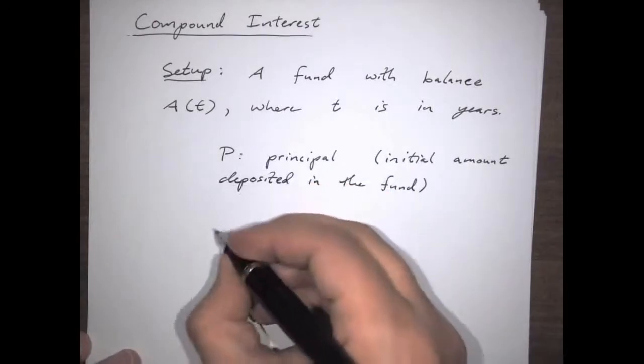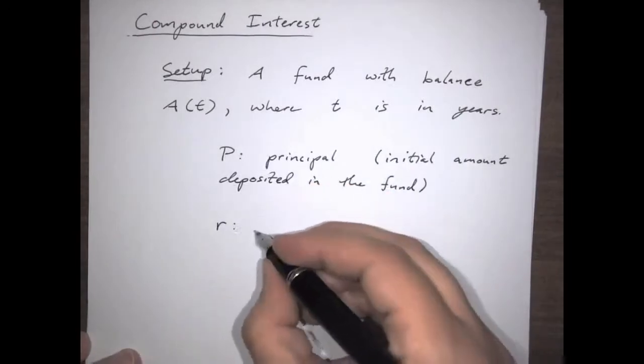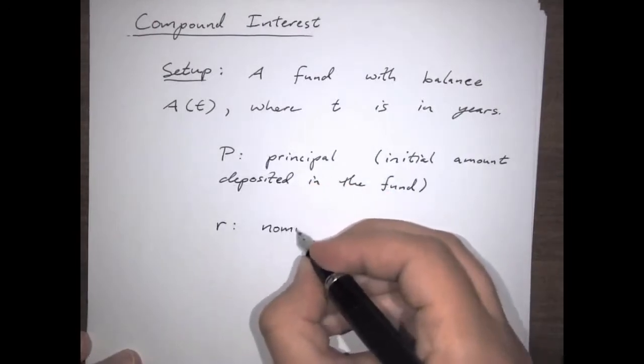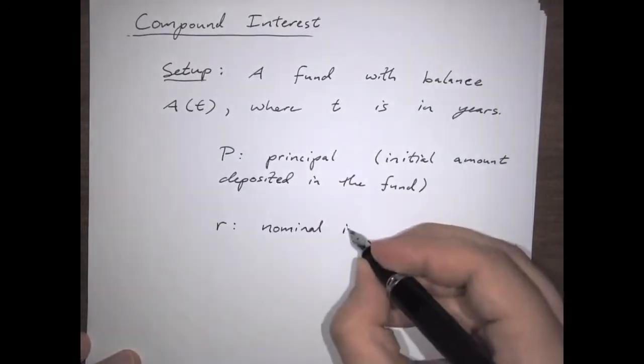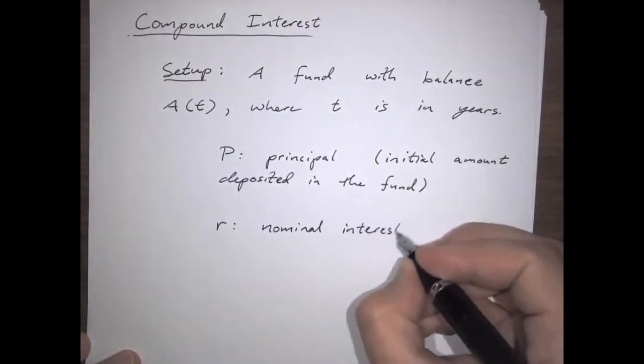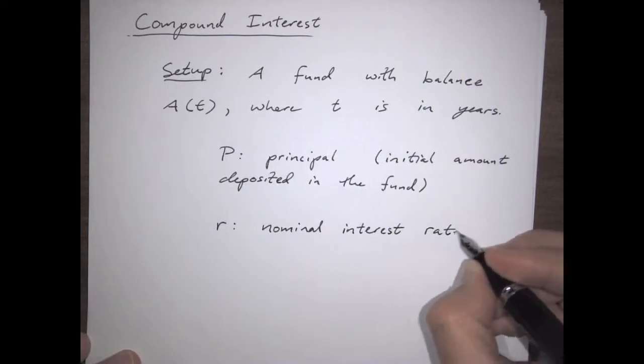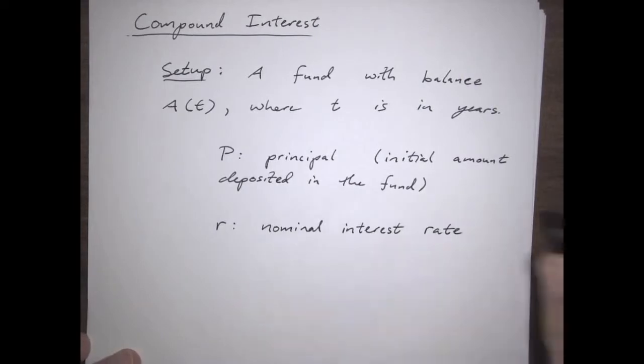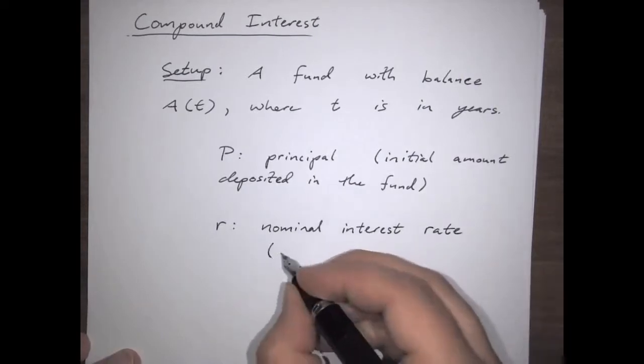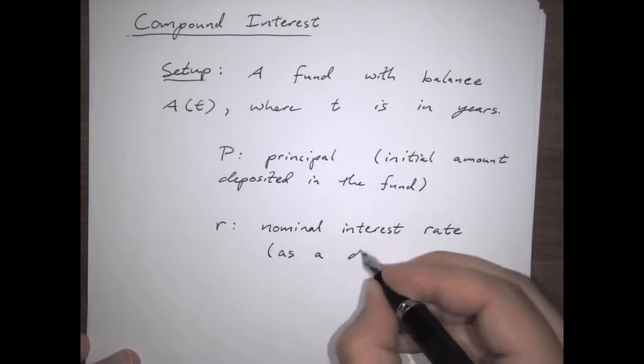Then R. This represents what is called the nominal interest rate, sometimes called the APR, but this is as a decimal.